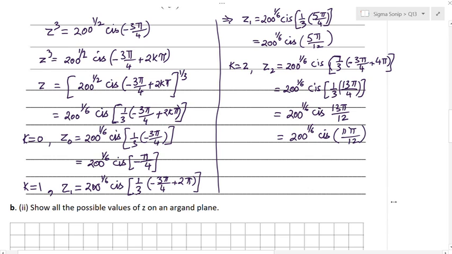Next part is showing all these possible values of z on an Argand plane. We see that the length of all these vectors, the mod of all these complex numbers, is 200 to the power 1 over 6. So our three roots will lie on a circle of that radius, and then we'll need to just show the angles and mark them on the Argand plane.